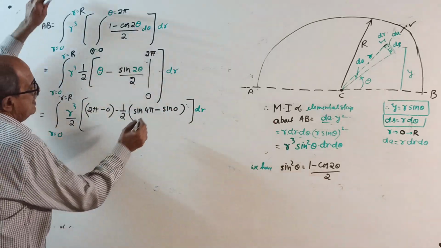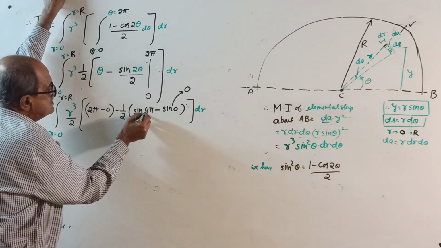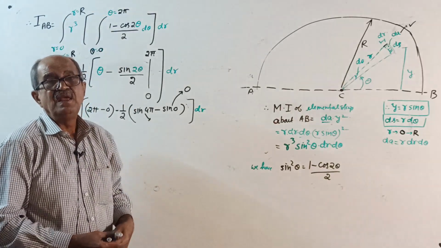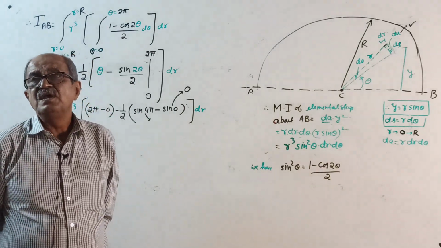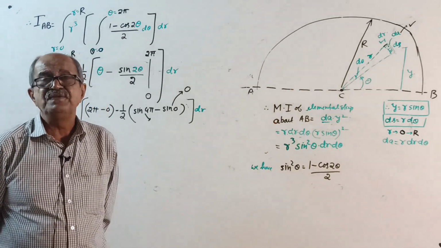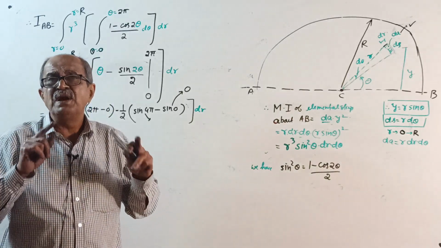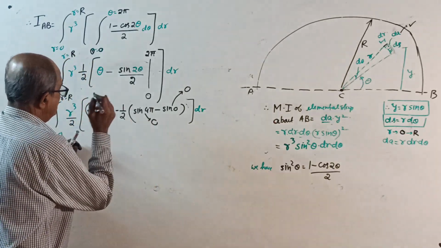Okay, now remember, sin 0 is 0. Everybody knows. Sin of any multiple of pi is how much? See, sin 0 is 0. Sin pi is 0. Sin 2 pi 0. Sin 3 pi 0. Sin 4 pi 0. Sin of any multiple of pi is 0. So directly write 0 here.